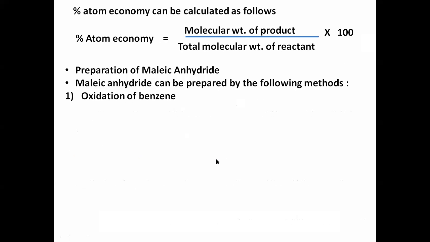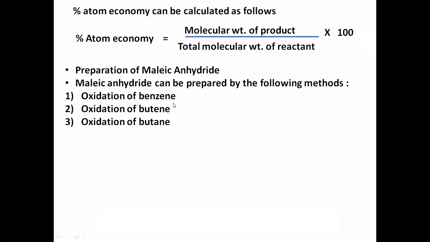Then we understood how to calculate atom economy by taking the example of preparation of maleic anhydride from oxidation of benzene, then oxidation of butene and oxidation of butane. These are three starting compounds which are petrochemicals, and they are converted into maleic anhydride. Maleic anhydride is an industrially important intermediate, which is converted into a final finished product, which may be a polymer or any medicine, etc.